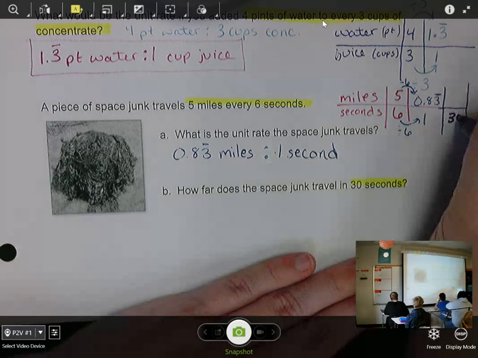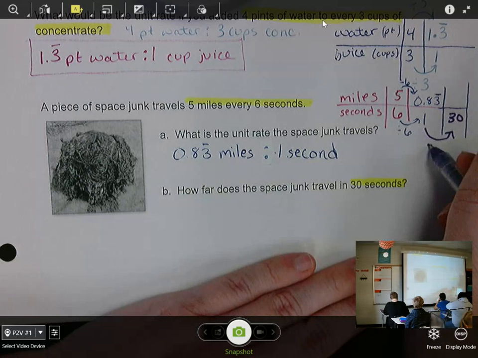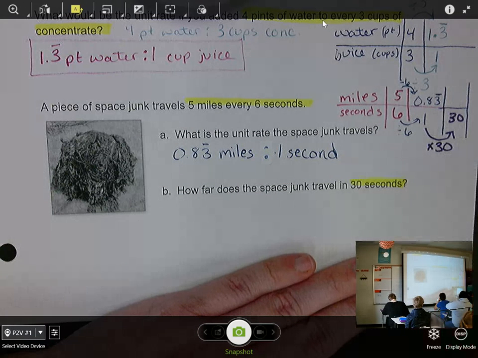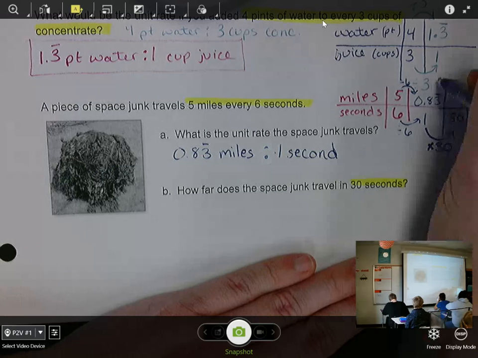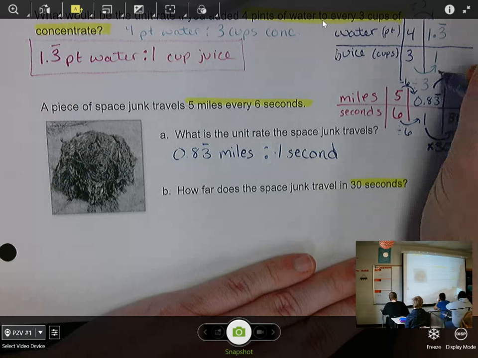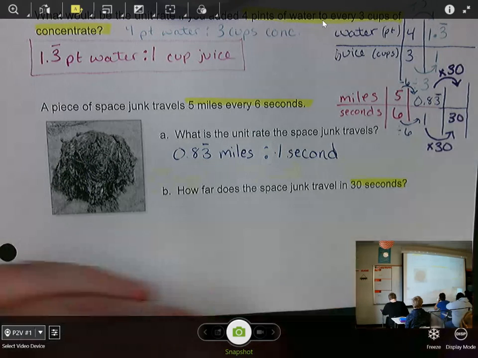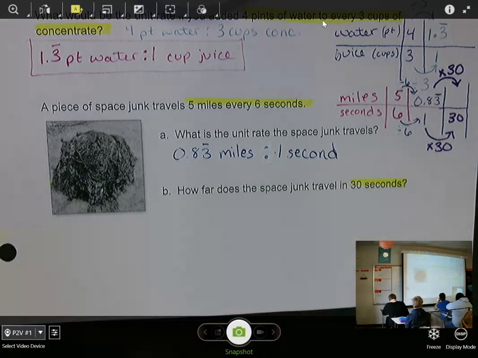Now, if this is 1, you just have to multiply it by 30 to get 30. So you take this number here and multiply it by 30. Take your calculator.